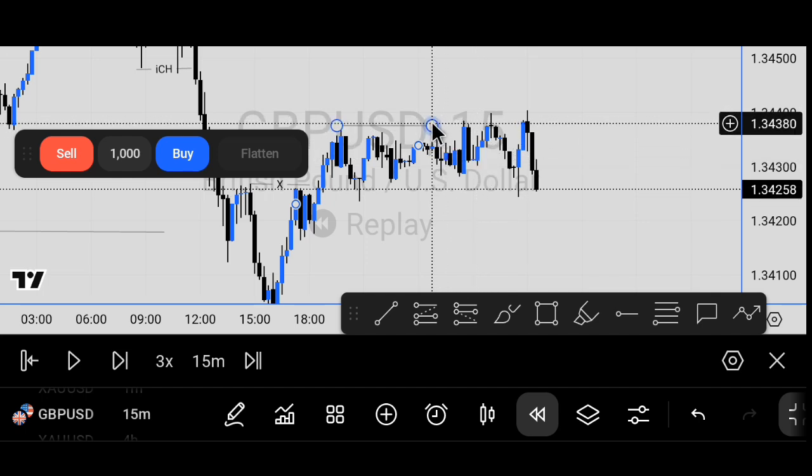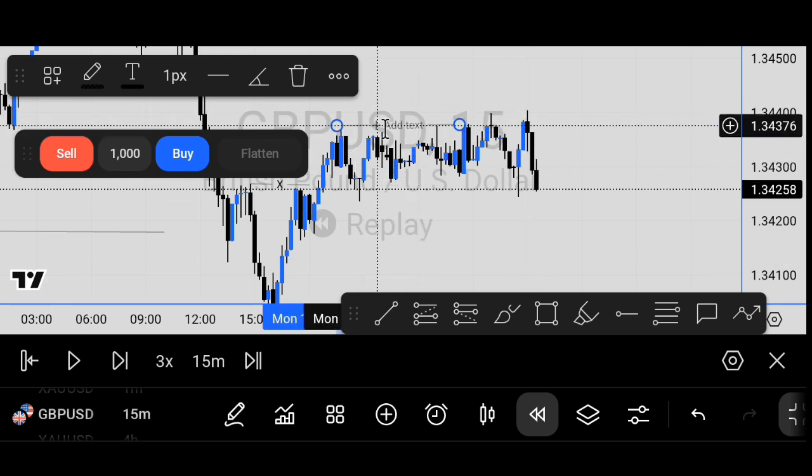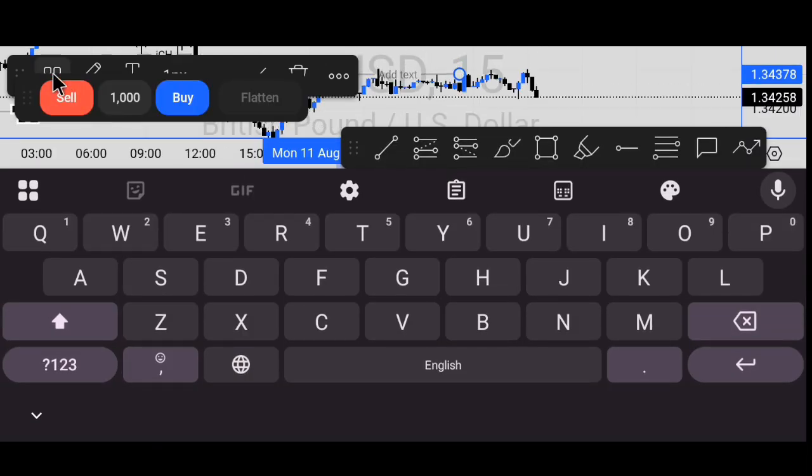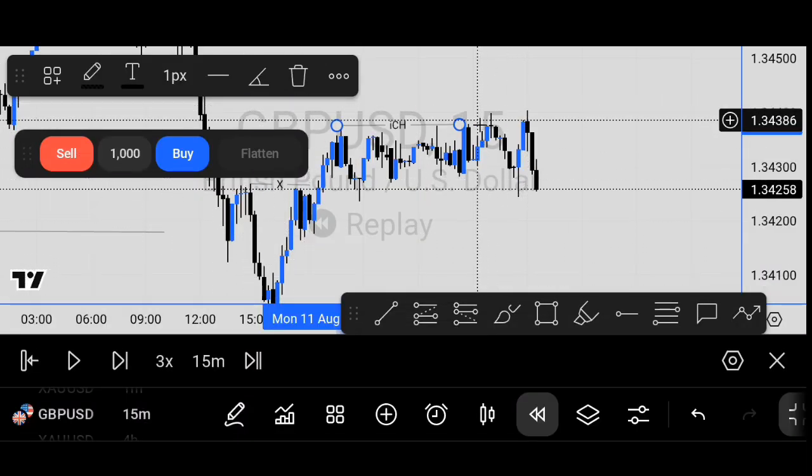Based on our understanding of the market structure, we know that this high was supposed to be our internal choch, although it was showing us that price wants to make a deeper pullback.